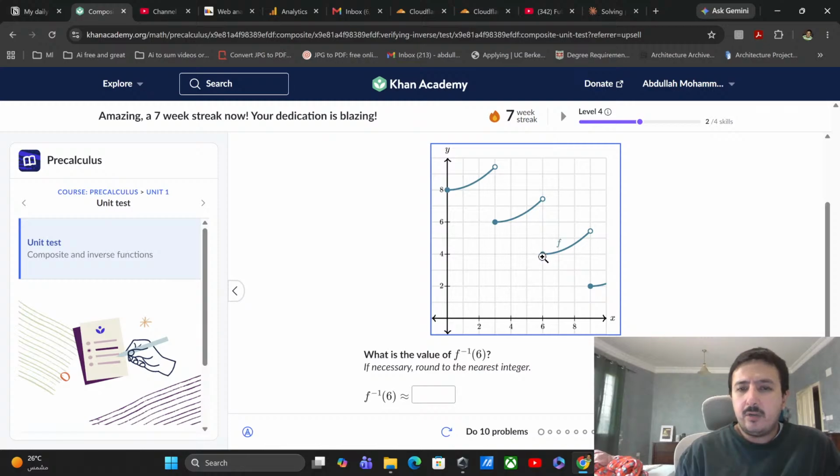f of 6 equal 4. I got f of 6 equal 4. So what does 4 equal? What does 4 equal? I got f of 6 equal 4. What does 4 equal?